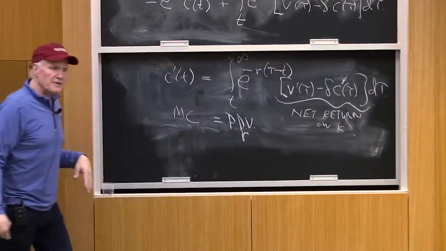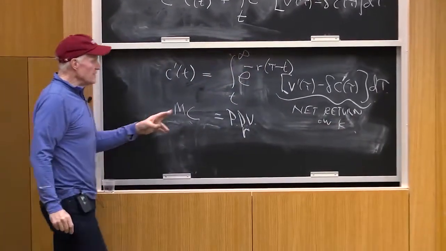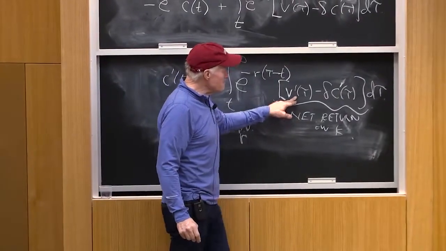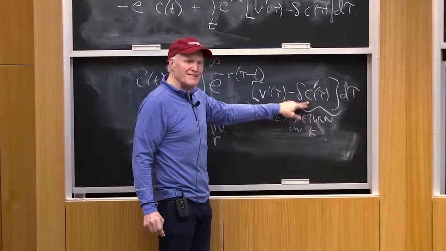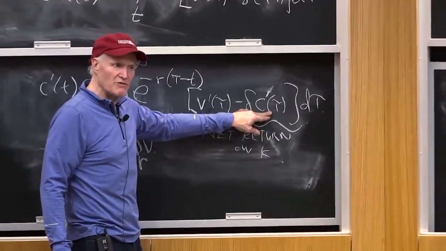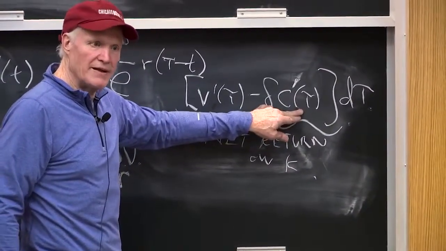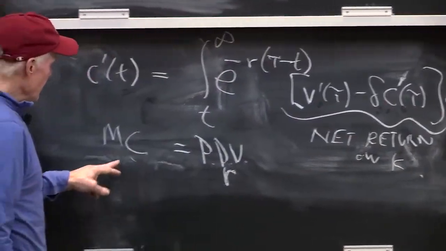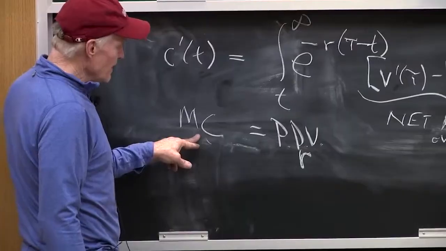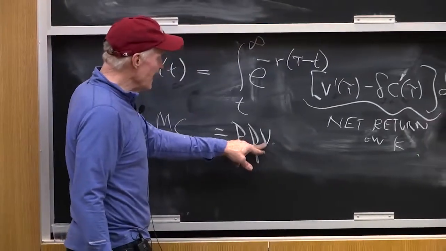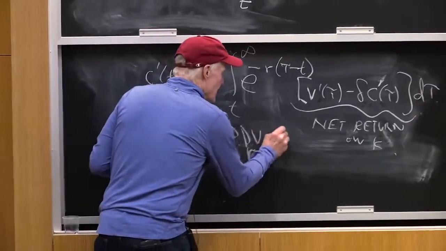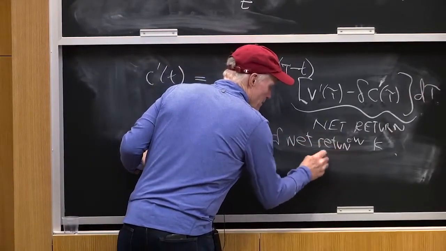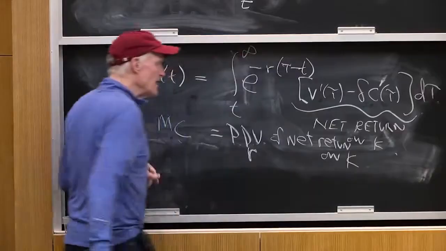That is the net return on capital, because it's how much that unit of capital returned today minus how much I had to pay to maintain it, because this is the maintenance cost, right? This is the cost of paying the depreciation on that capital. So you could say the marginal cost of investment has to be equal to the present discounted value of the net return on capital. So that's one way to look at investment.